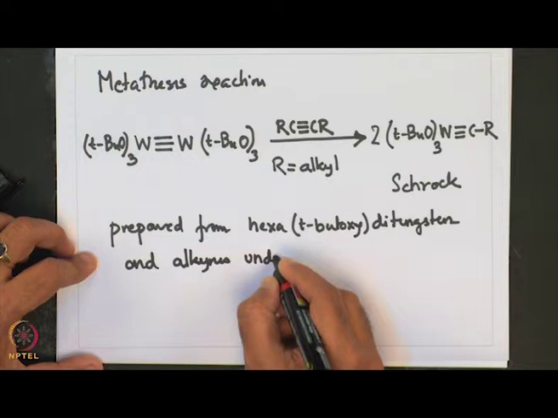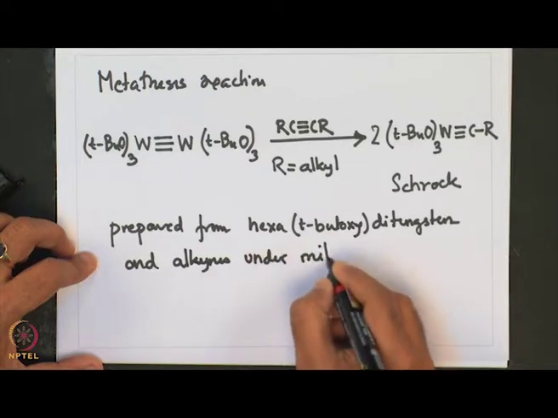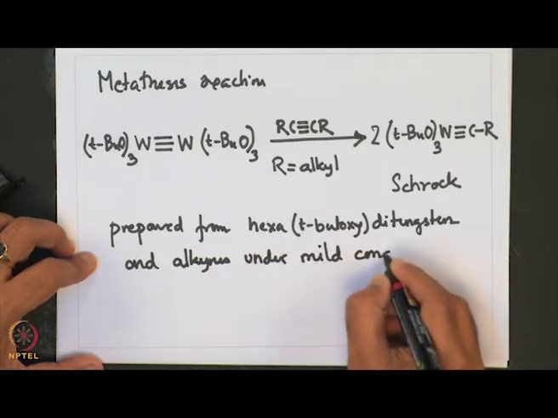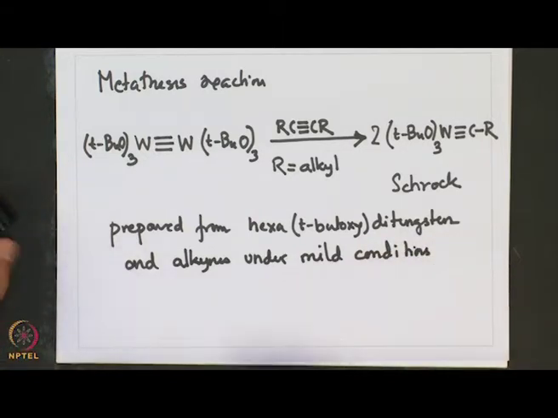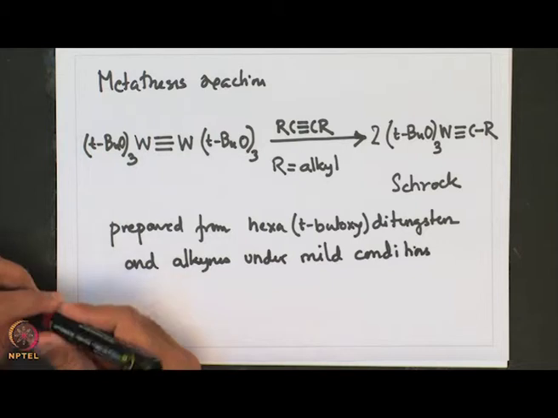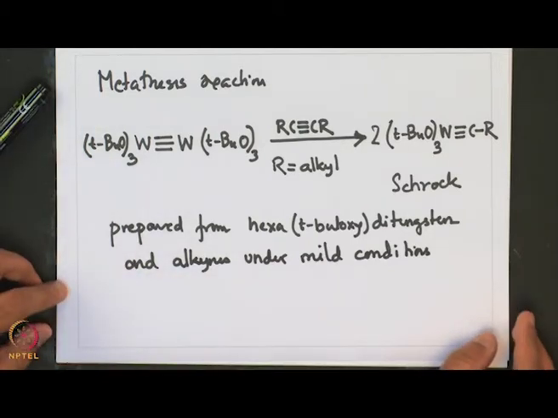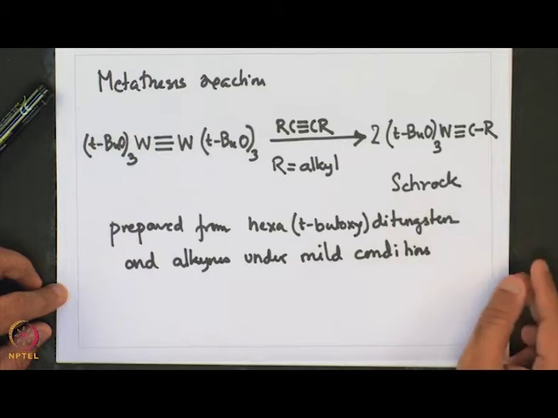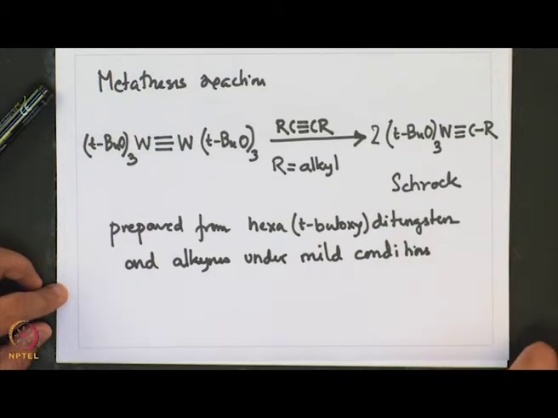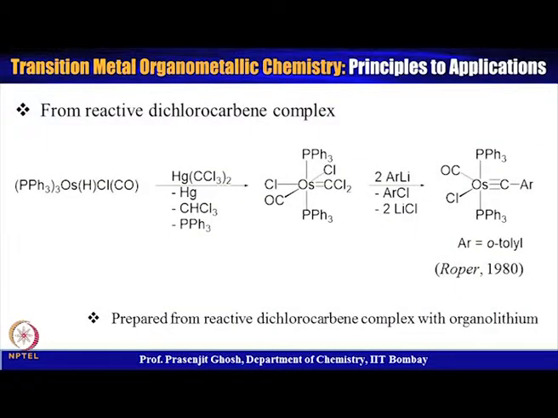So, this reflects on the genius that Schrock was. He could find at least two methods that we have seen for preparing these transition metal carbyne complexes, which are extremely difficult to prepare.